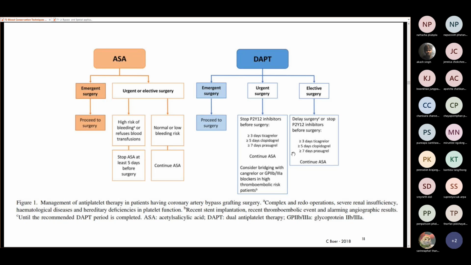If there are emergencies, they allow using that. But if they have some time, they're going to delay or stop some drugs before the patient goes to the hospital. So it can help for some elective cases.